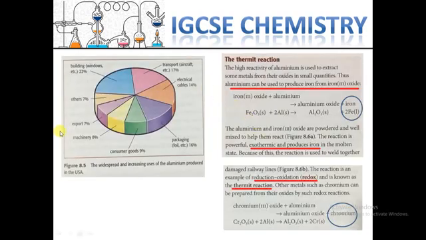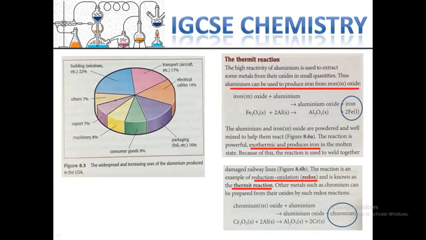If you look at this picture, which shows the usage of aluminium in the USA, you can see by percentage that 22% of aluminium is used for building, and 70% is used for transport, like aircraft, because as I said, it's light and strong. Also for packing, as I mentioned, about 16%, and so on.